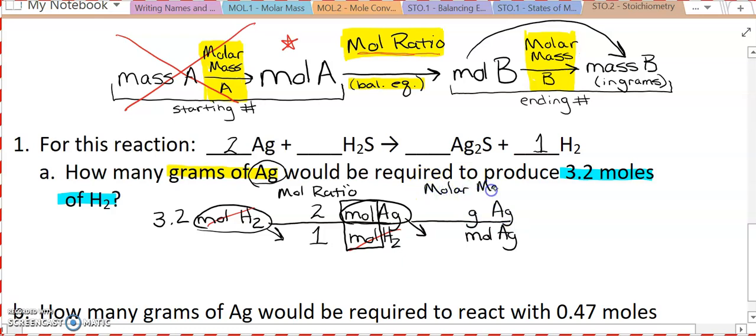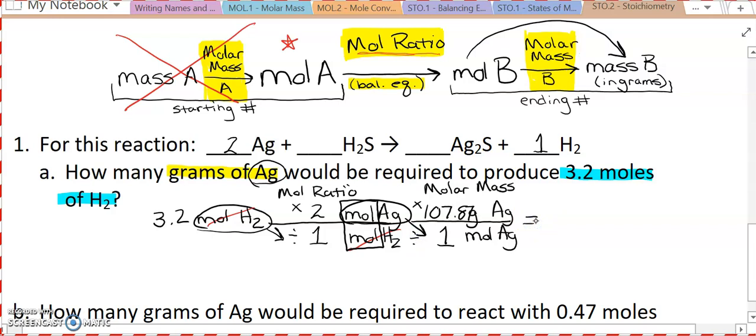The molar mass of silver says that in 1 mole of anything, there are going to be some number of grams on the periodic table for silver, and it's going to be 107.87 grams of silver. I'm going to multiply anything on top. I'm going to divide by anything on the bottom. And I'm going to punch those numbers into my calculator.